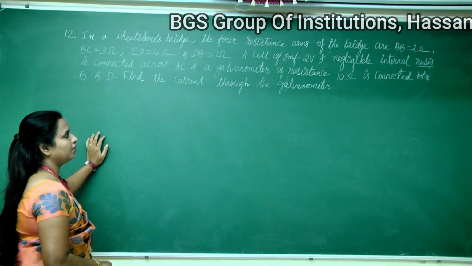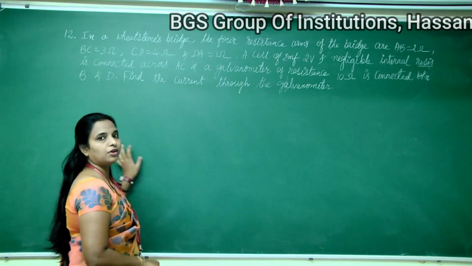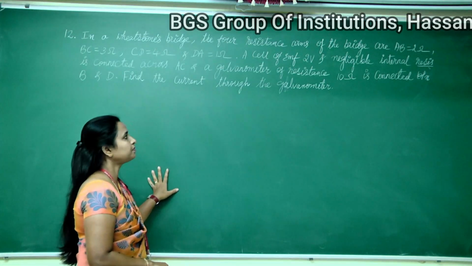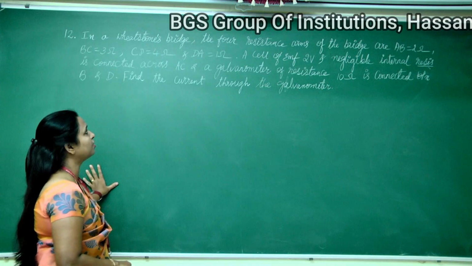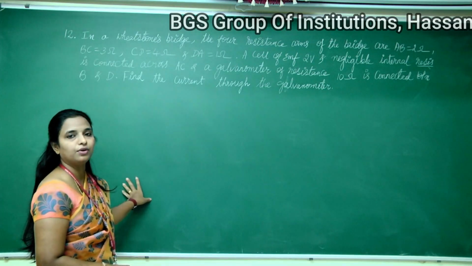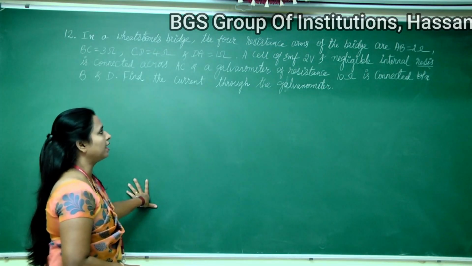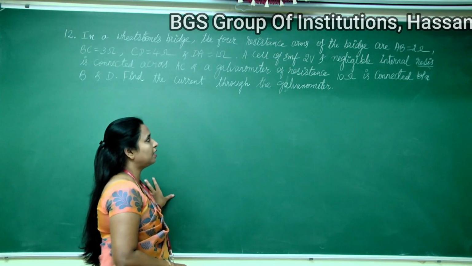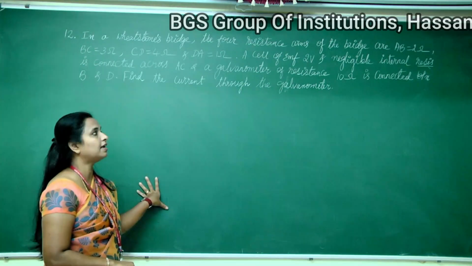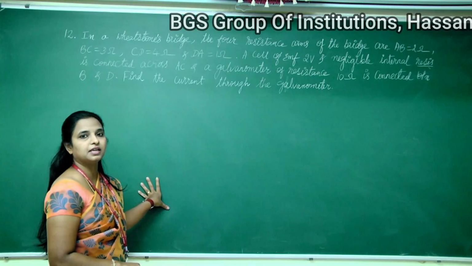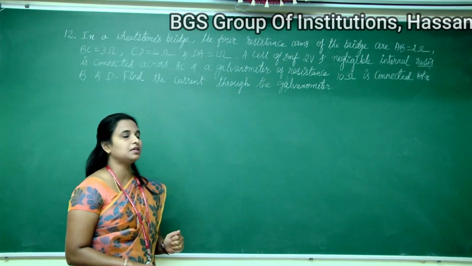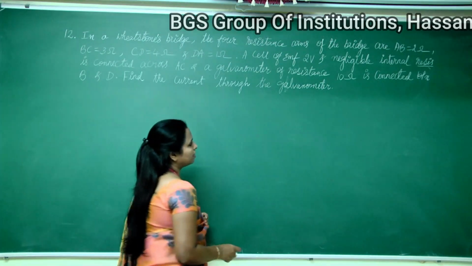So this circuit is just similar to Wheatstone's network, and the only thing is you have to write down the value of resistances properly. Here they have given the internal resistance of the cell as negligible. It means that small r is equal to 0. Now let us draw the circuit.